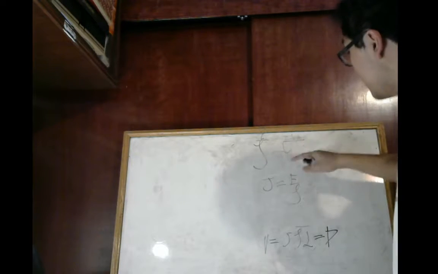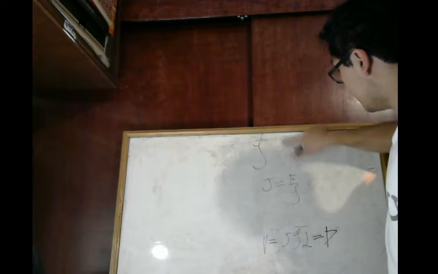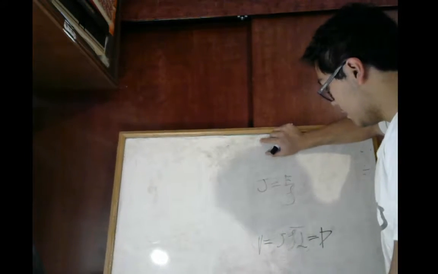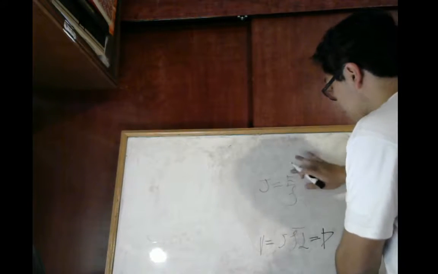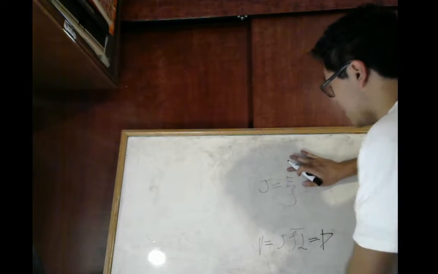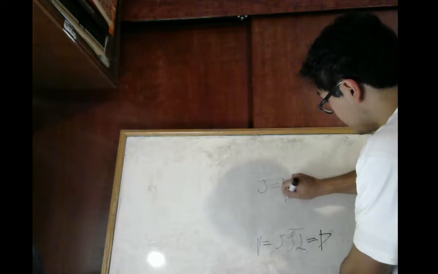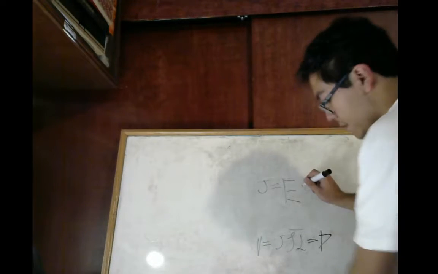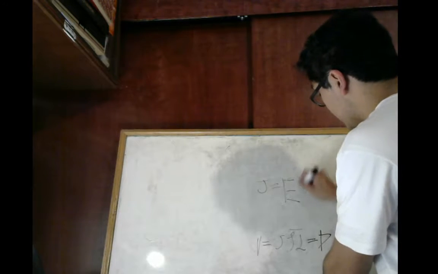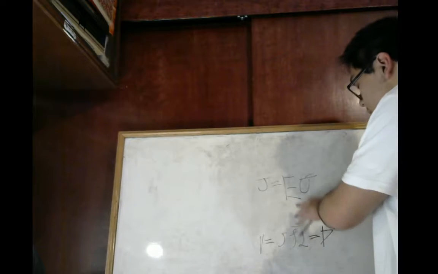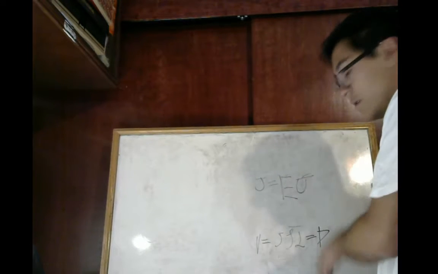Now, once you do that, you can get that the charge density is equal to the electric field times the conductivity, right? Perfect. This is more or less where all of Ohm's law comes from, right?